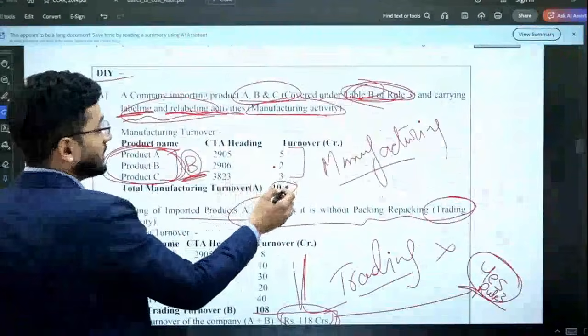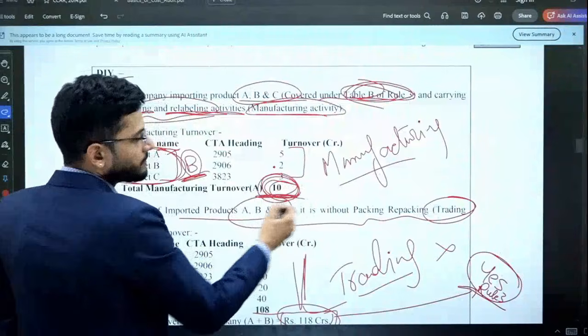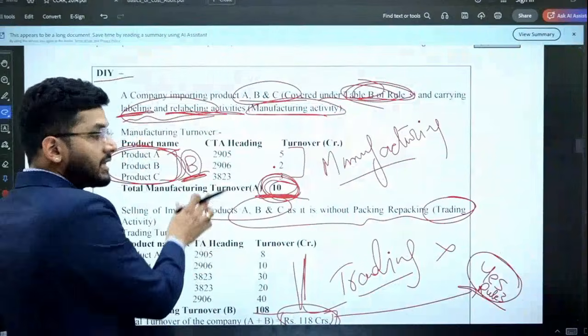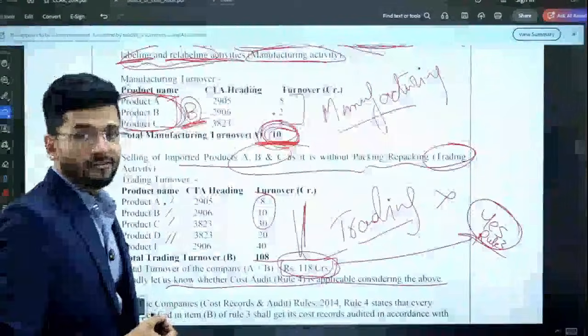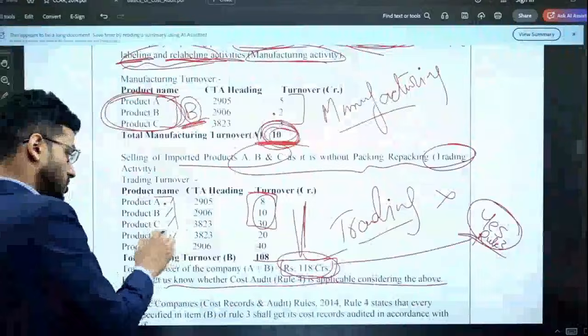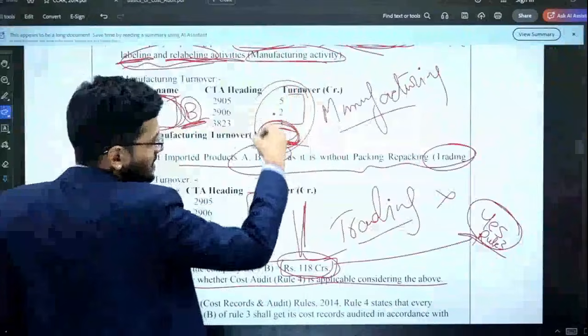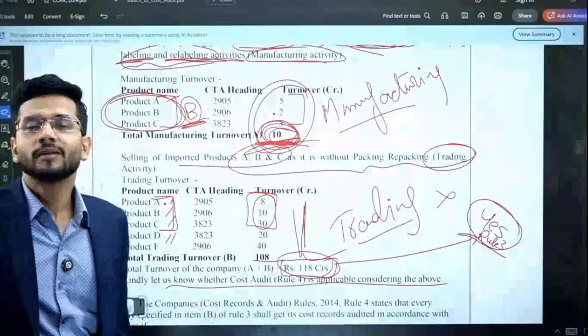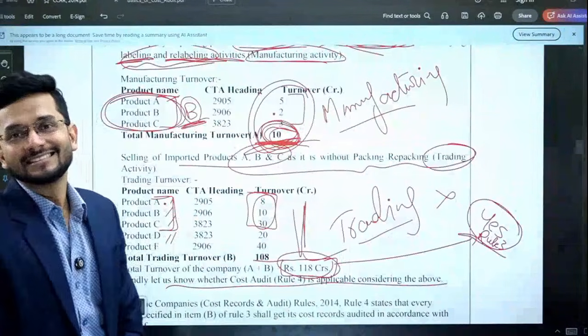The turnover covered under Table B is 10 crores. Some students make a mistake and also take the trading turnover, but that is not covered under Rule 3, although it belongs to the same products. Rule 3 only governs this, and it's less than 35 crores. Cost audit is not applicable.